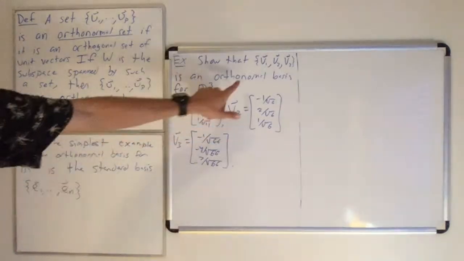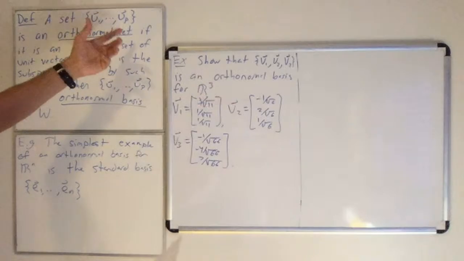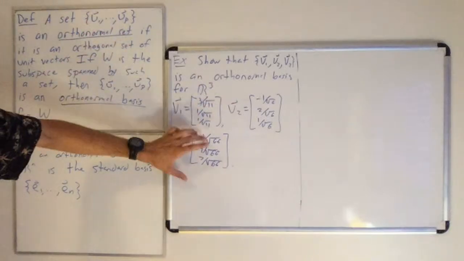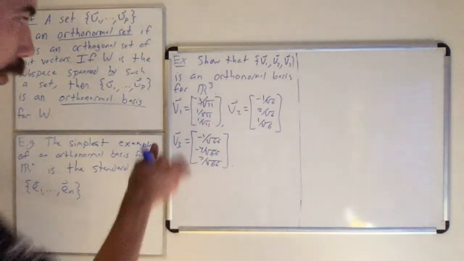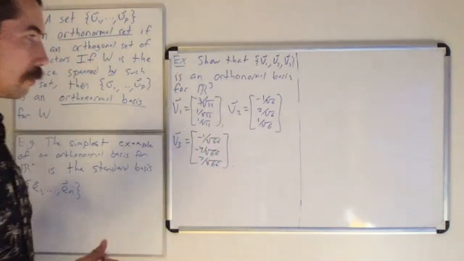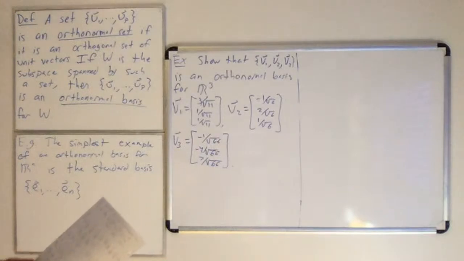But what do we want to do? We want to first show that it's an orthogonal set. So we have to show pairwise dot product is 0. And then we want to show that each of the vectors has unit length.